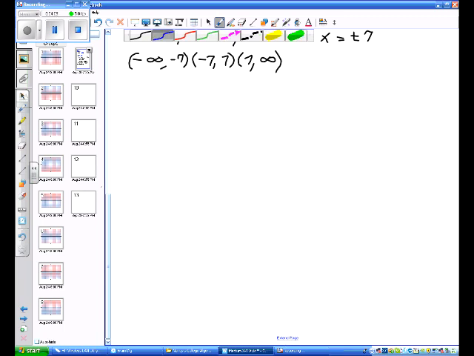Let's take the function h of x equals the square root of 9x minus 27.